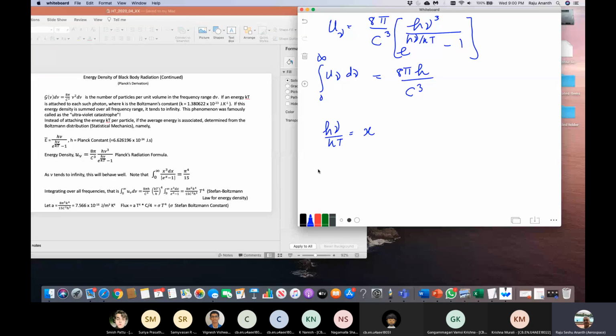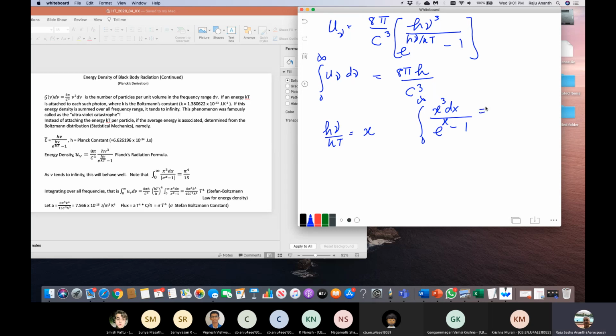So kT, so I can do this one. So nu cubed and everything can be converted into this. So this integral becomes the integral from 0 to infinity of x cubed dx over e to the power of x minus 1. I think it's x cubed.